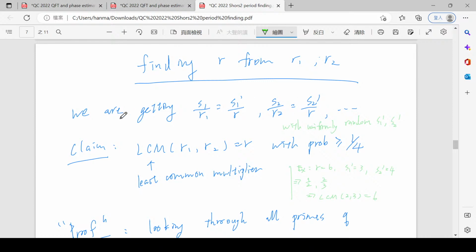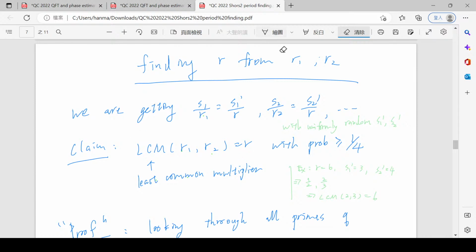Okay. So we are going to draw S1 over R1 and S2 over R2, and then we take the least common multiple of R1 and R2 against R. We get some least common multiple, and this will be the correct answer if we just use two of those, with probability bigger than 1 over 4.